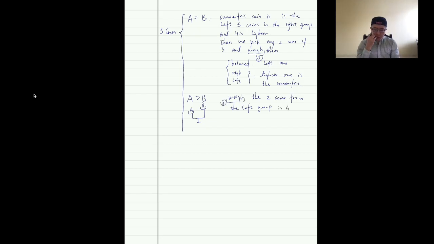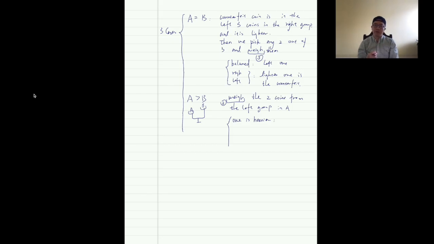So let's see what we can get here. One possibility is that one is heavier, either left or right, it doesn't matter. If one is heavier, what can we conclude?